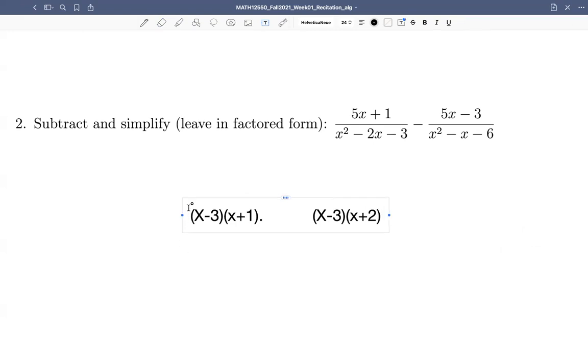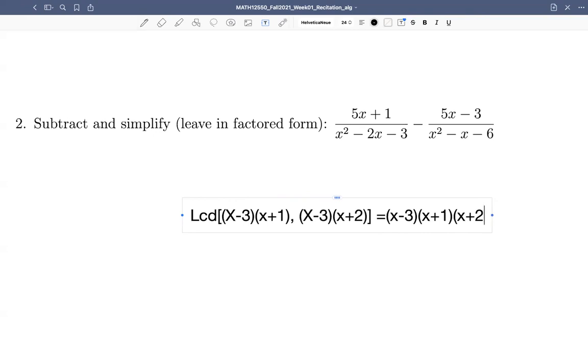Then we see the least common denominator, or multiple, of those two. It has to include all the factors: x minus 3, x plus 1, and x plus 2. So this is the least common denominator of those 2 terms.